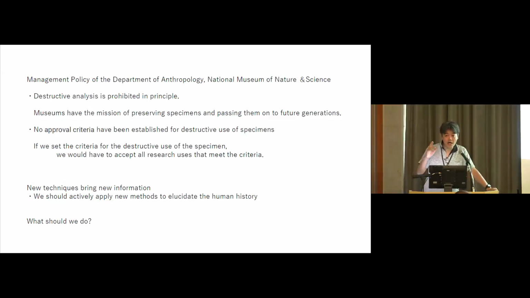So in our Department of Anthropology in the National Museum of Nature and Science, destructive analysis is prohibited in principle, and we have no approval criteria for destructive use of the specimen.